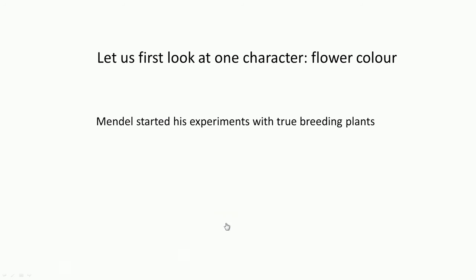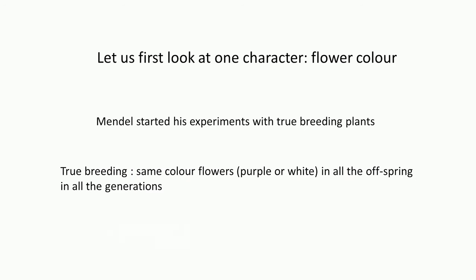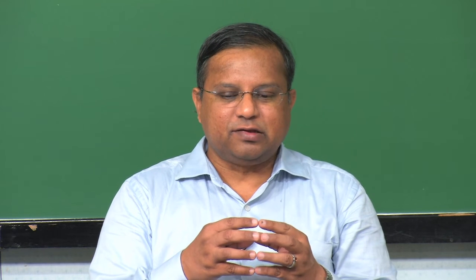Now, let us look at one character, okay, which is flower color. Mendel started his experiments with true breeding plants. What does true breeding mean? It means, in the context of flower color, the same color of flower results in all the offspring in all the generations, which means it is true breeding amongst itself.